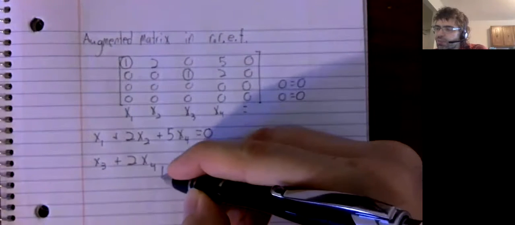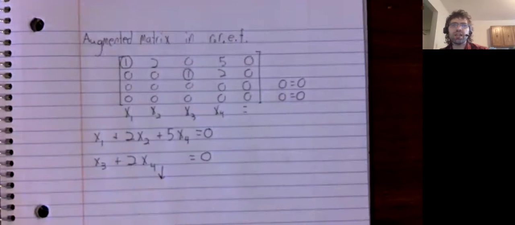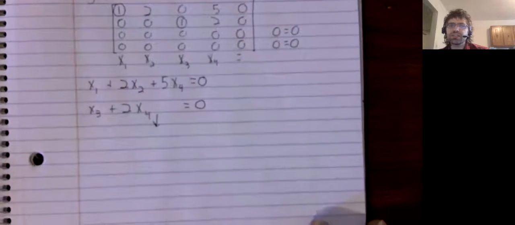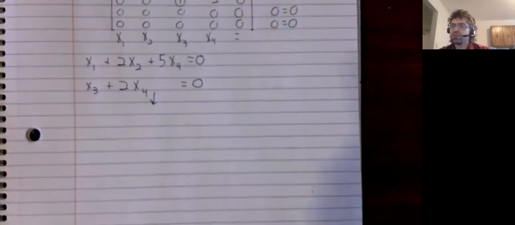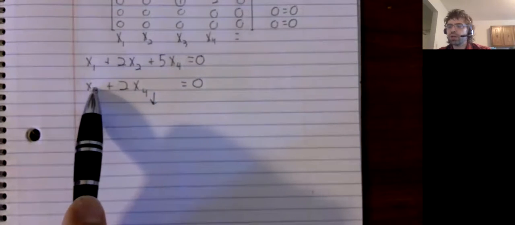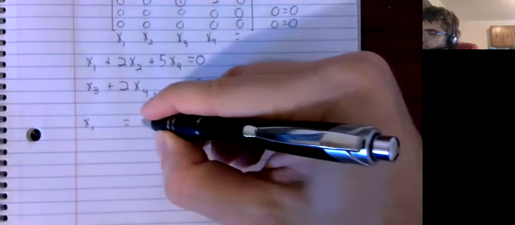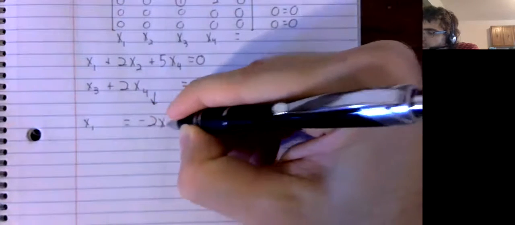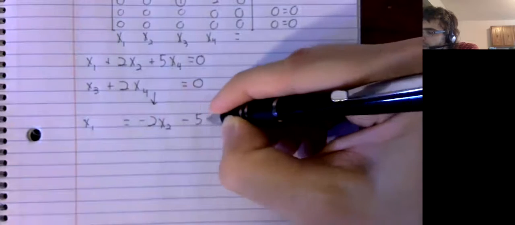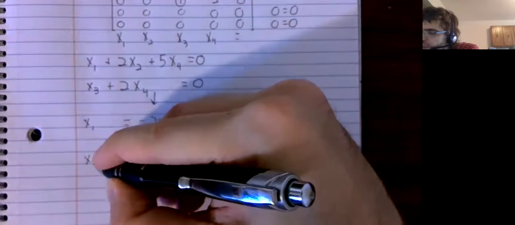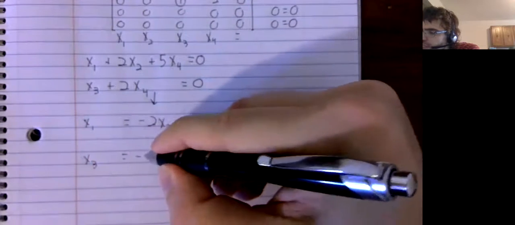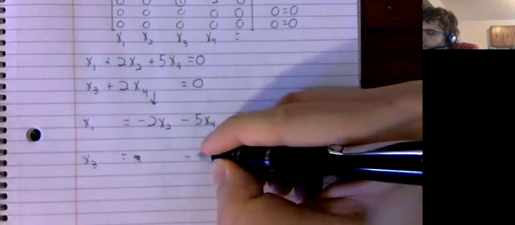And we'll take these equations and rewrite them so that the basic variables are by themselves on the left-hand sides of the equalities. x1 equals negative 2x2 minus 5x4. x3 equals negative 2x4.